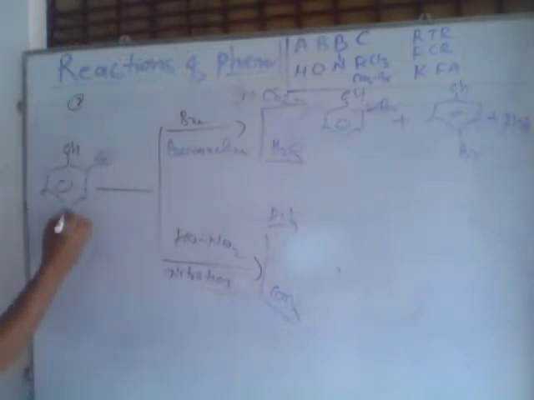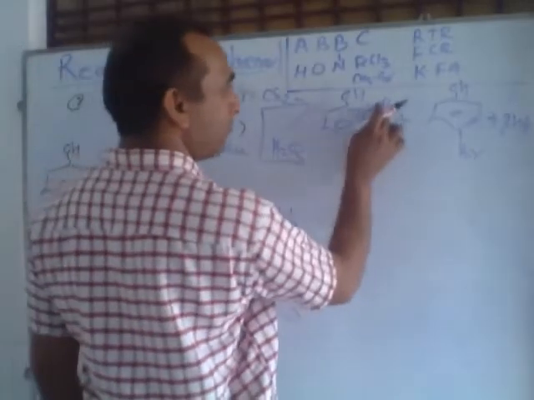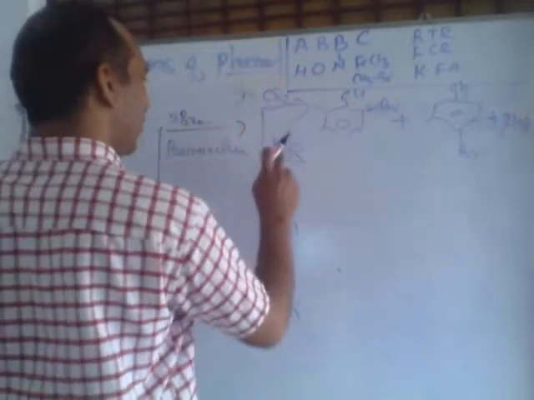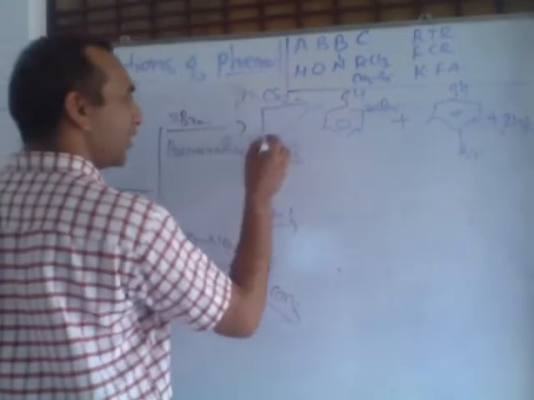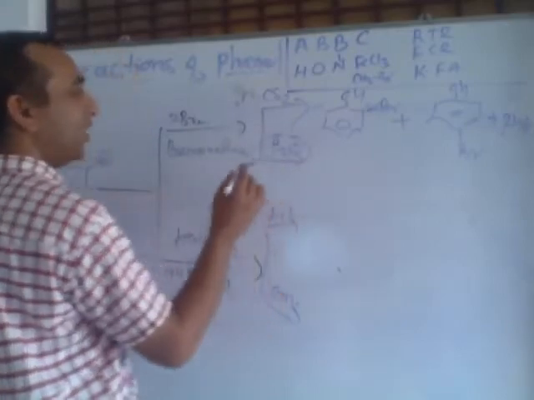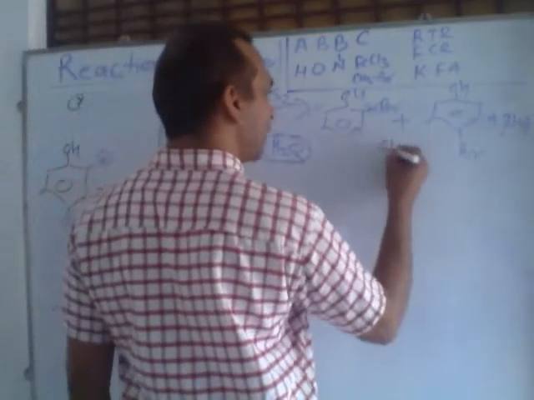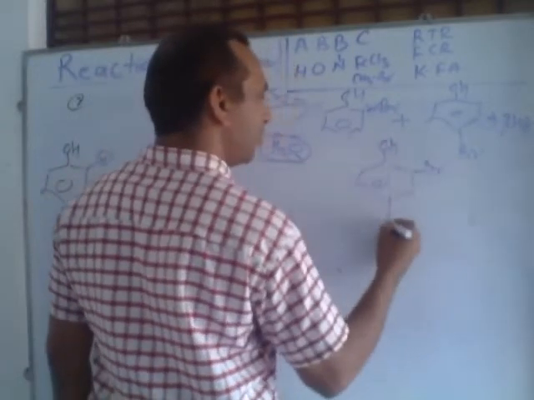From ortho and para positions, hydrogen reacts with Br and forms HBr. When bromine water reacts with phenol in this polar solvent, the reactivity of bromine water increases and one single product is formed.